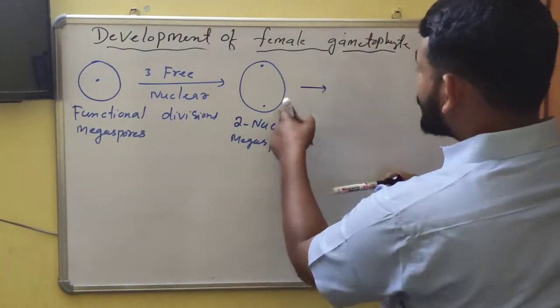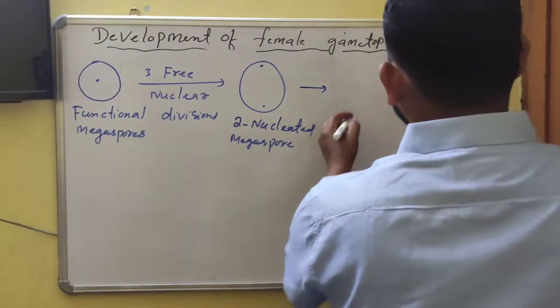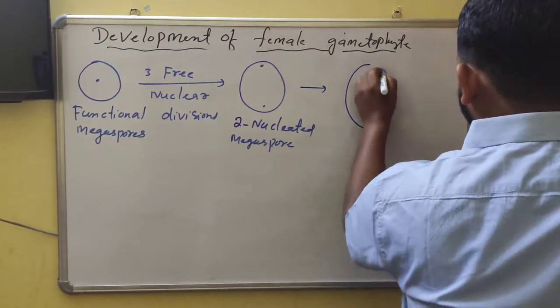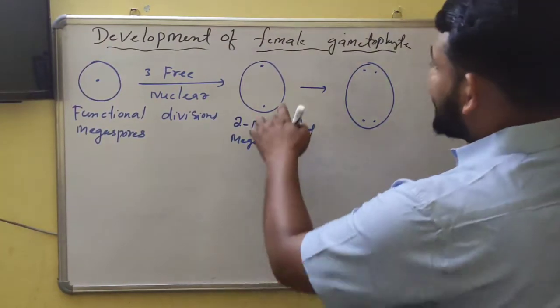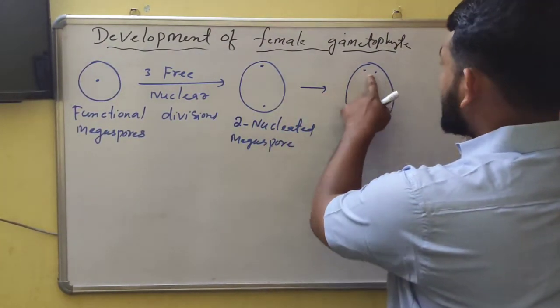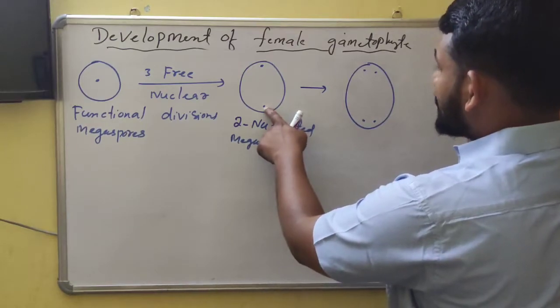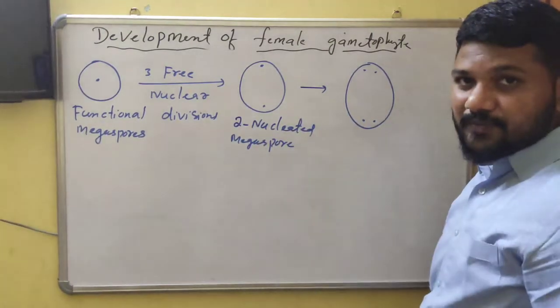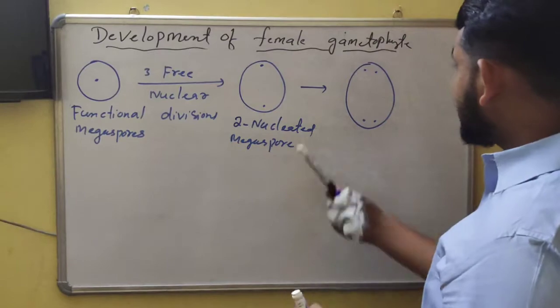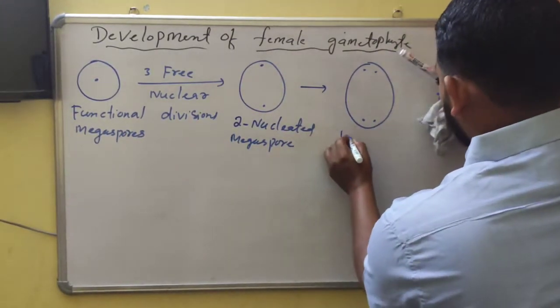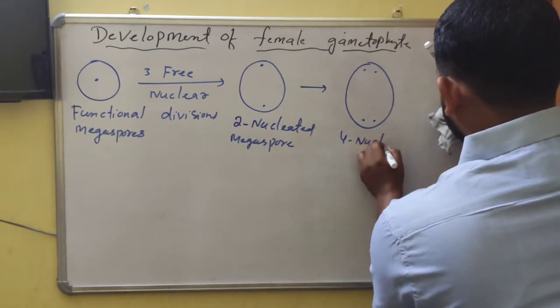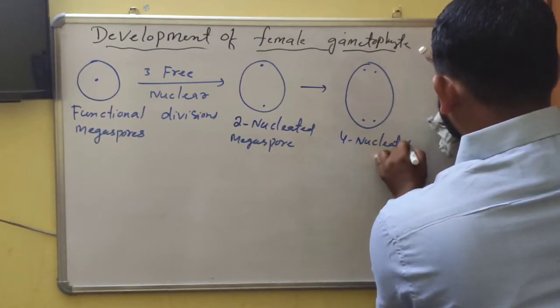Then this 2 nucleated megaspore also undergoes mitotic divisions to form 4 nucleus. By the second division, this nucleus divides to form 2 nucleus, and similarly the other also divides to form 2 nucleus, so 2 nucleus from each side. This condition is known as 4 nucleated megaspore.